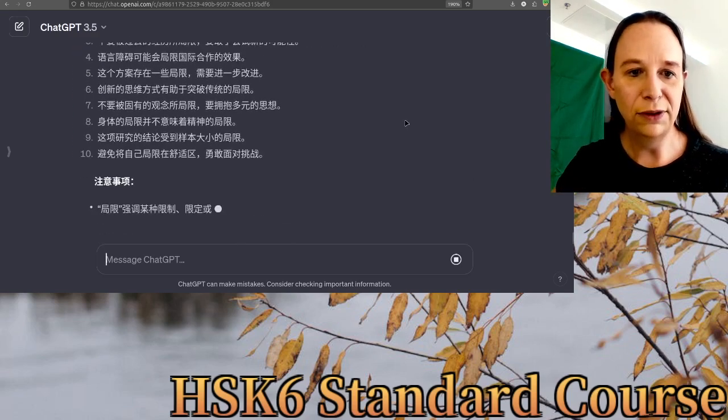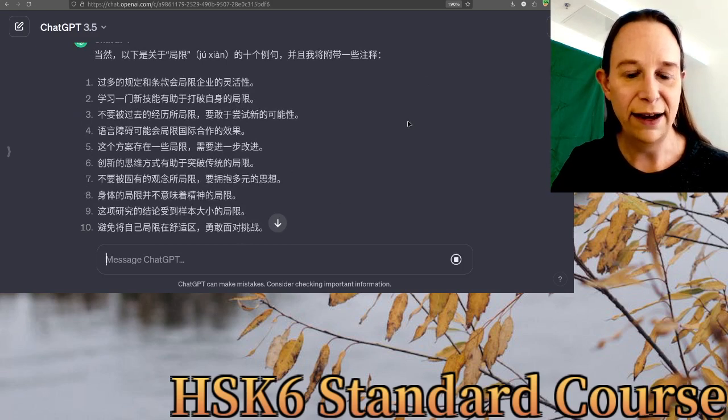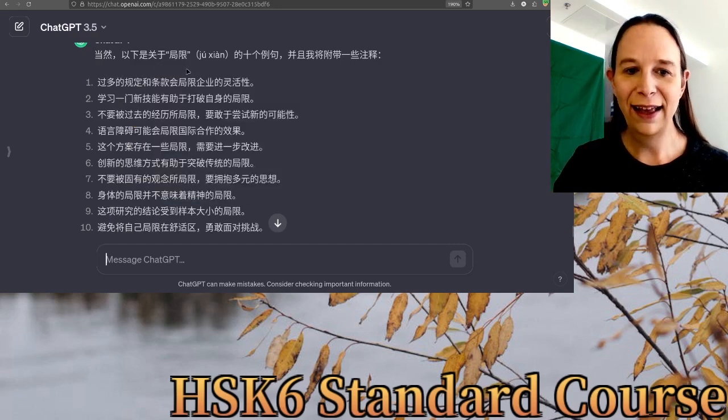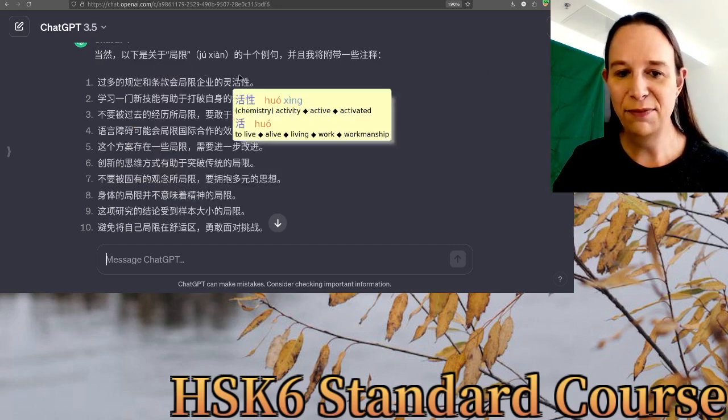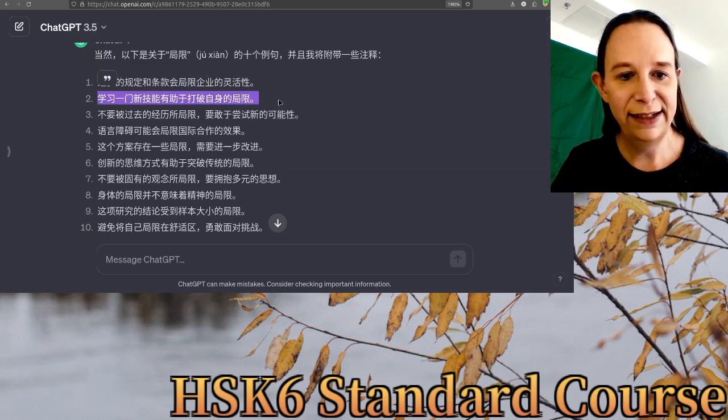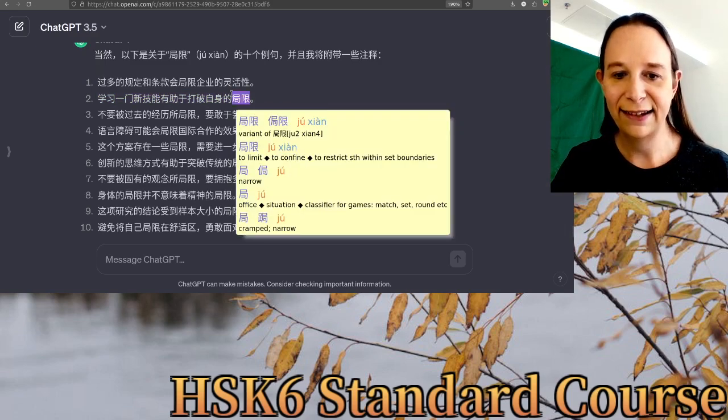OK, 过多的规定和条件会局限企业的灵活性. Okay, so excessive rules and clauses will confine enterprises' flexibility. 学习一门新技能有助于打破自身的局限. So here it's a noun.